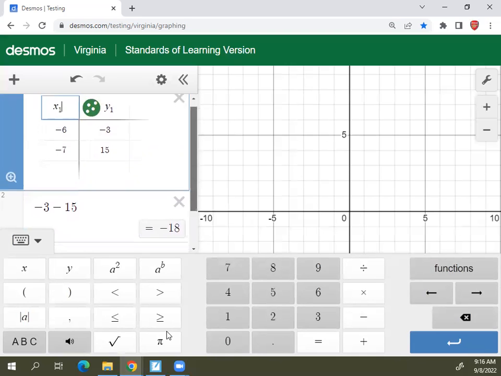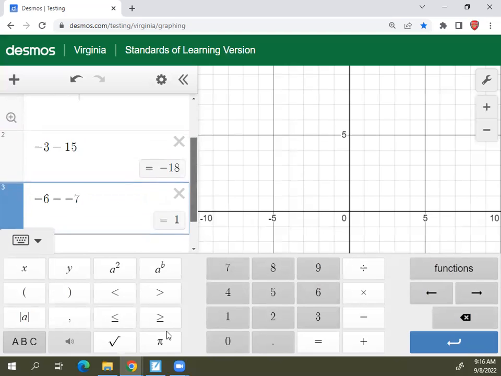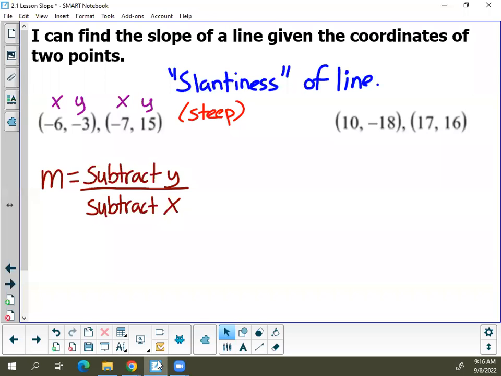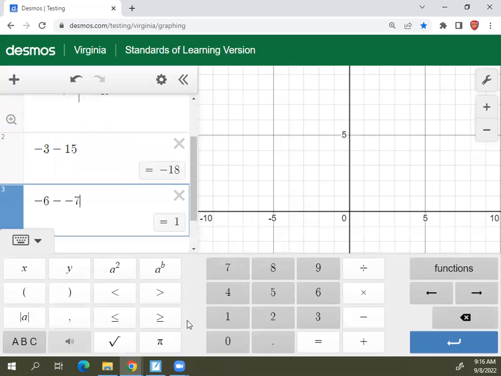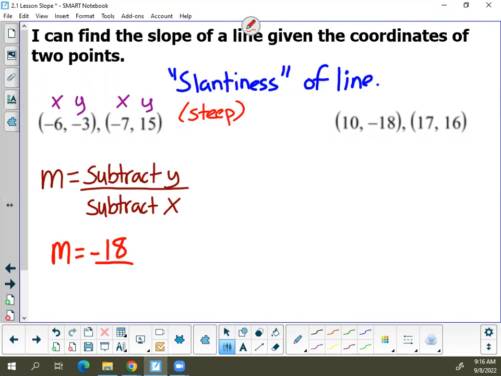I can subtract the x's, -6 minus -7, and I get 1. So my fraction is -18 over 1. And actually, when I'm looking at this, if I do it in this order where I subtract y first, -18 is on top of 1. And so I can just say that my slope is -18 over 1. This is how slanted my line is.